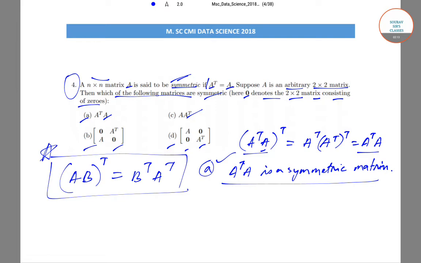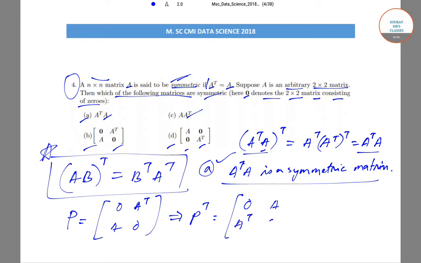Now let's go to option B. In option B we have been given a matrix, and for simplicity we take this matrix as P. So P is equal to 0, A transpose, A, 0, where 0 is a null matrix. If we take the transpose P transpose, the rows become columns, and the result is 0, A transpose, A, 0 transposed as 0, A, A transpose, 0.